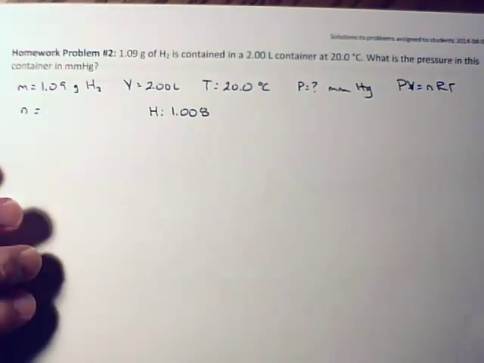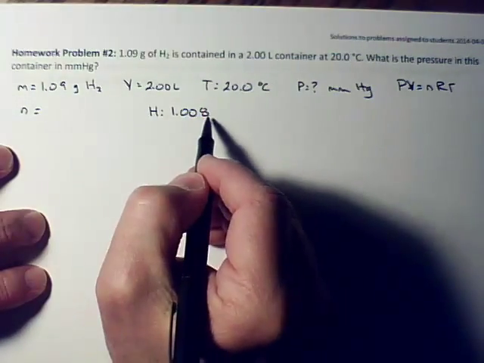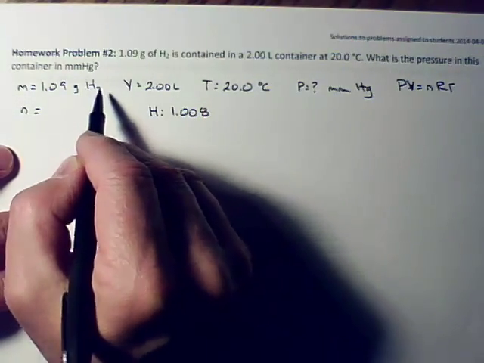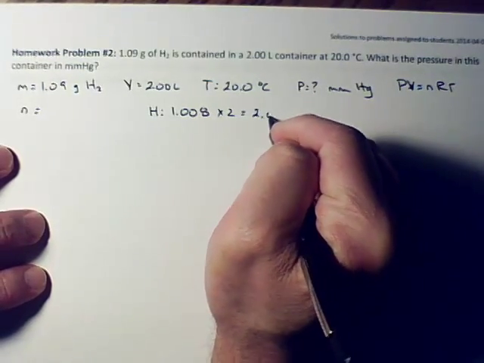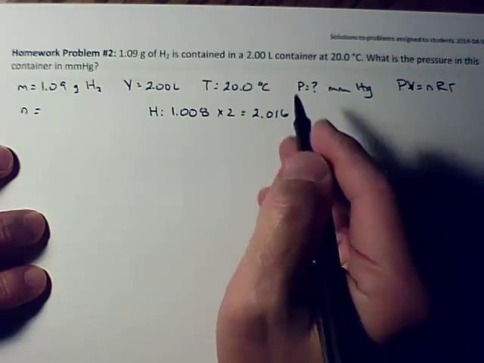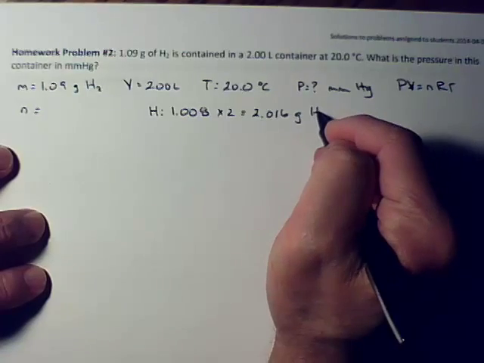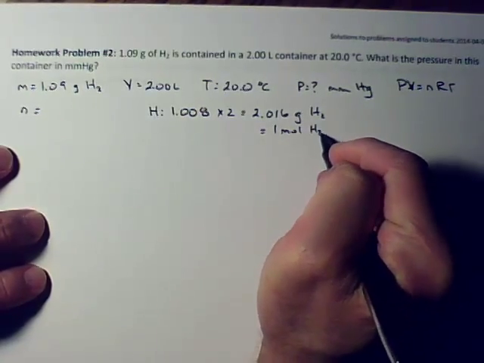1.008. And I've got 2 of these in a formula for H2. So times 2, 2.016. I don't have to add anything to this, so this is 2.016 grams of H2 equals 1 mole of H2. Okay?